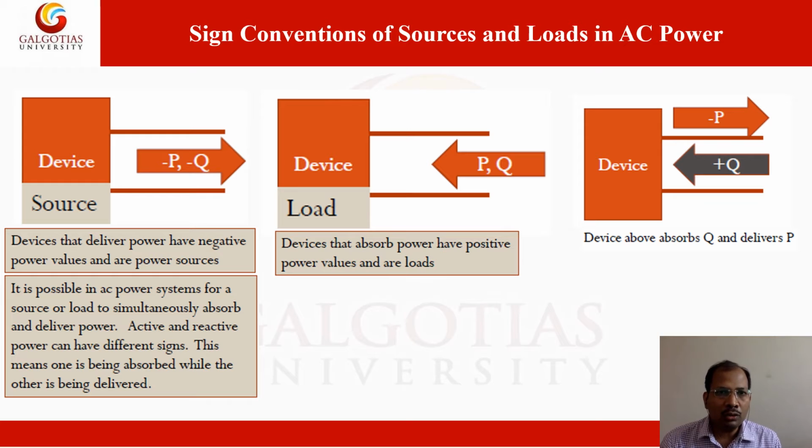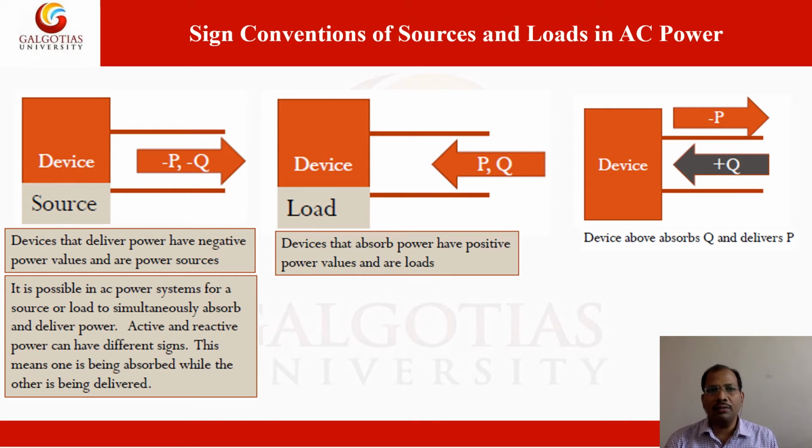Now coming to the basic way to identify the conventions of sources and loads in the AC network. In this slide you can see a device; it may be a source, it may be a load.